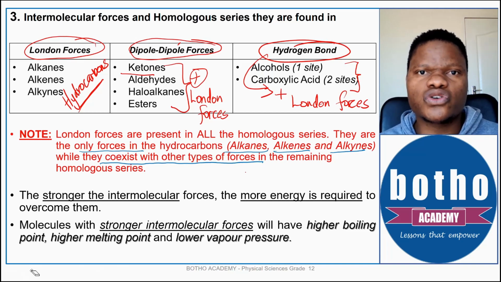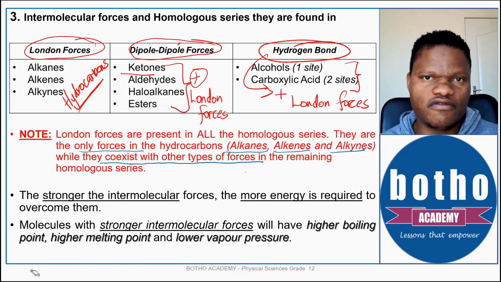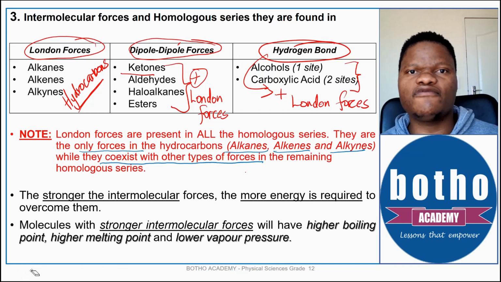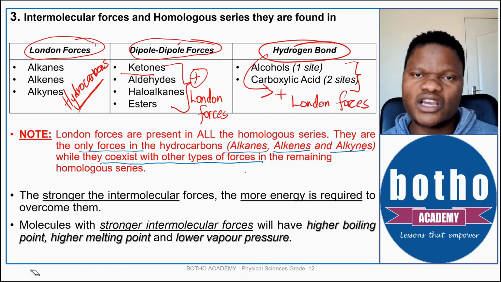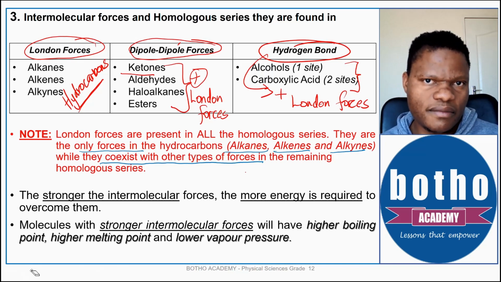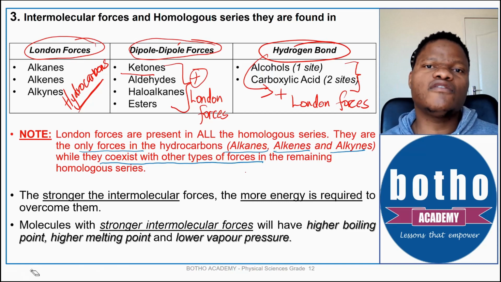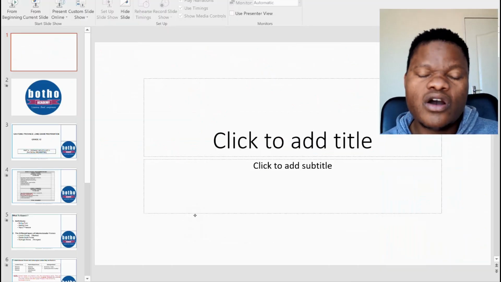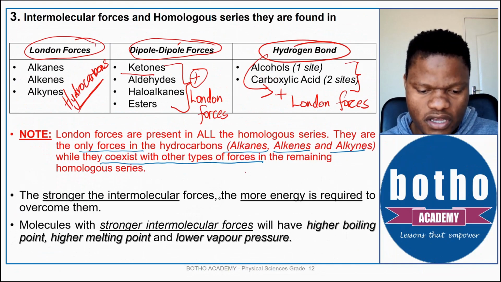Generally, molecules with a higher boiling point will have lower vapor pressure and vice versa. So if molecules have strong intermolecular forces, you need a lot of energy to overcome those forces, and therefore the boiling point will be high, or the melting point will be high, or the vapor pressure will be low.